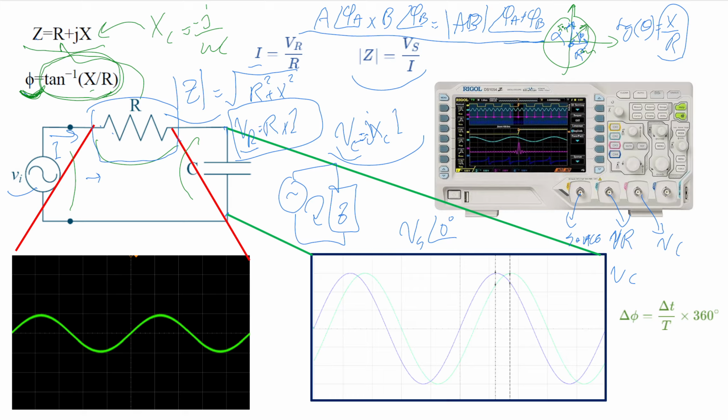Now, we don't need that, so let's move on to the difference between the phase of the resistor voltage and the source, and the capacitor voltage and the source. To do that, you already have the sinusoidal measurement of both the source and, for example, the voltage of the capacitor. This is what you are going to see in the oscilloscope. One of them is going to be the source, another one is going to be, for example, the capacitor.